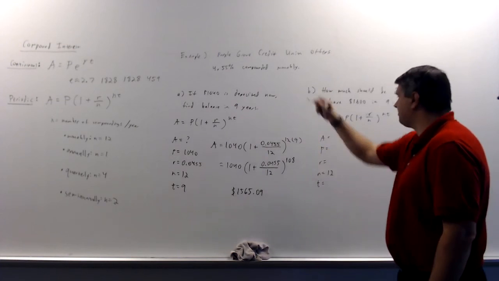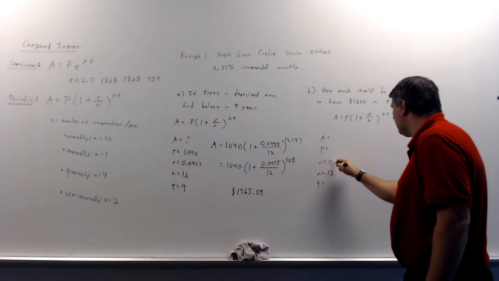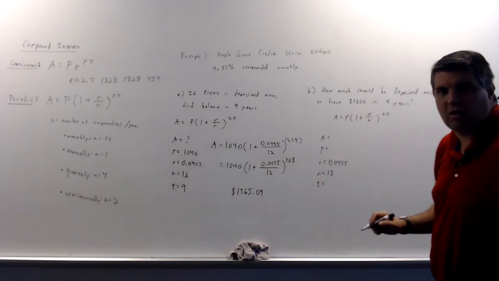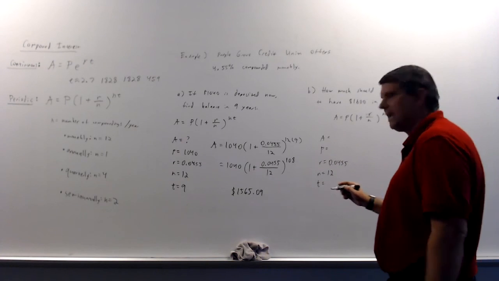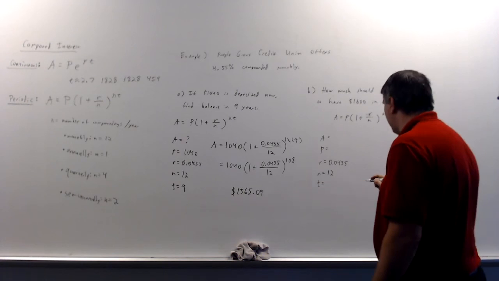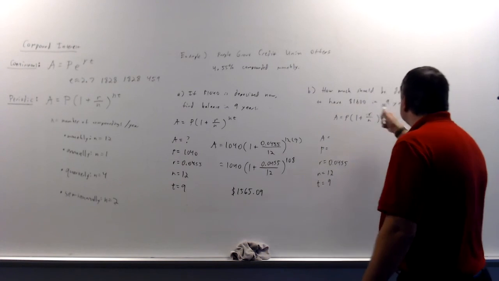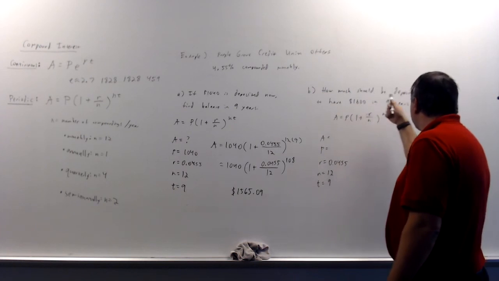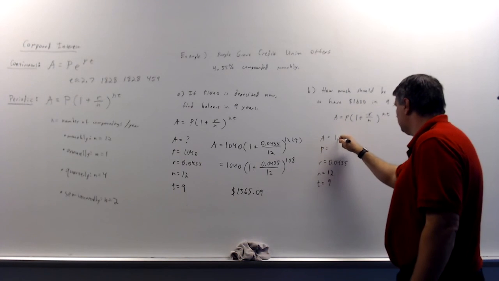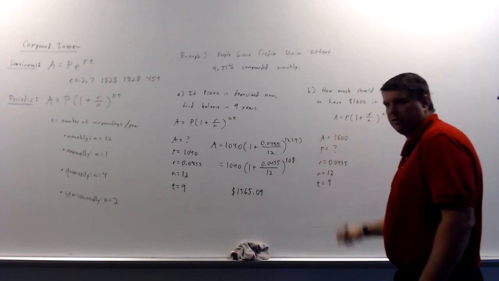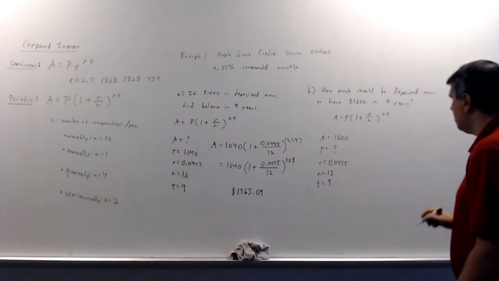The rate is 0.0455. Sorry, my brain was still on the last example. T is 9. And this 1600 goes with the future value. We don't know what we're starting with. That's the question.